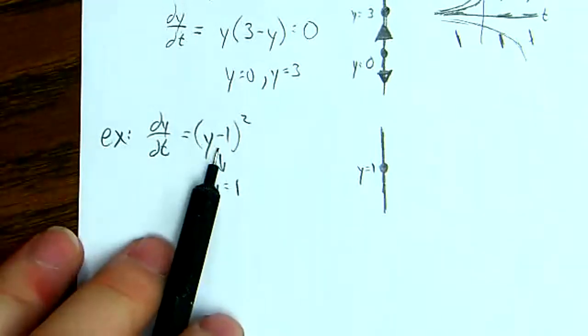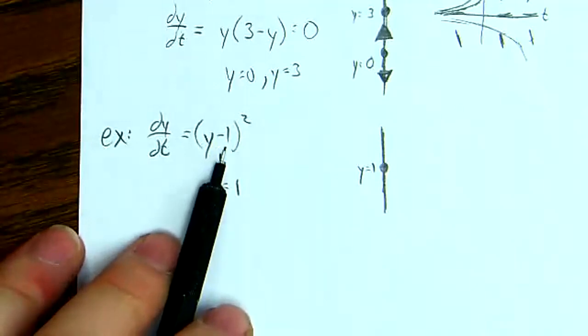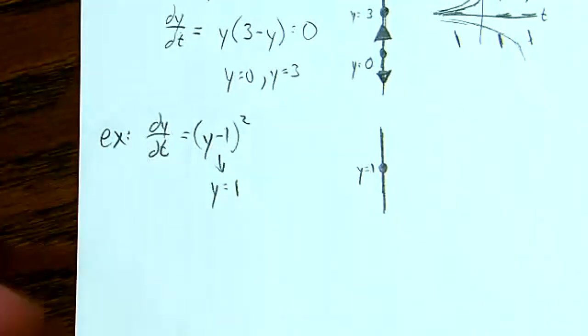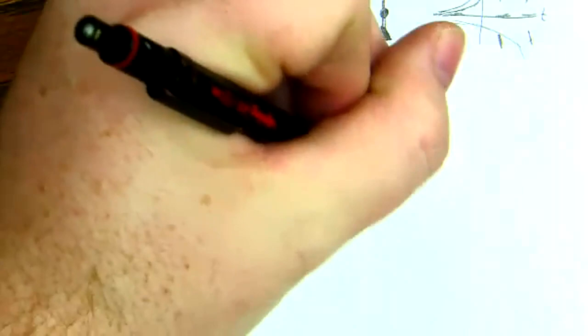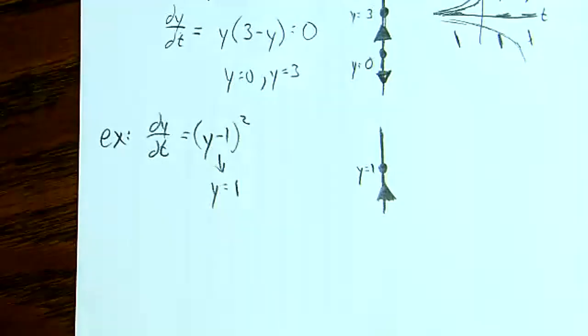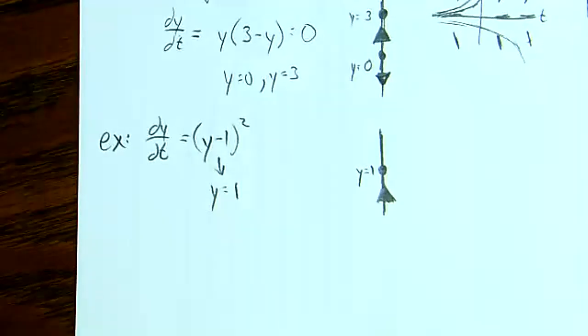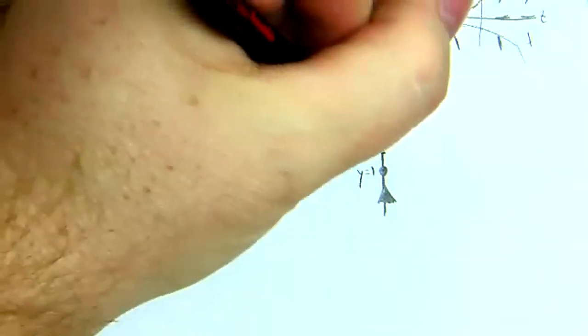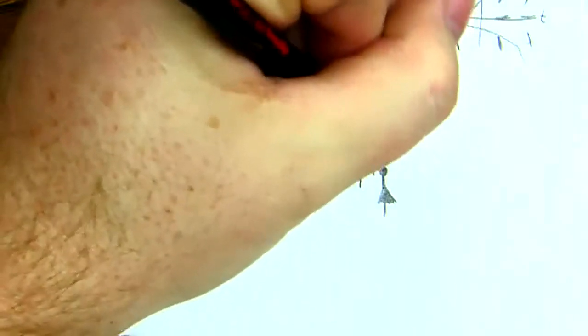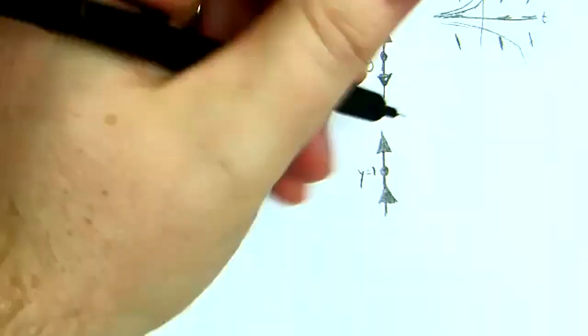A y value less than 1, say 0, is going to be -1 quantity squared, which is positive. So if I start with a y value less than 1, all solutions must increase to a y value of 1. And if I start with a higher y value, say 2, above y equals 1, 2 minus 1 is 1, 1 squared is 1, that's positive, and so this function is going to increase as well.